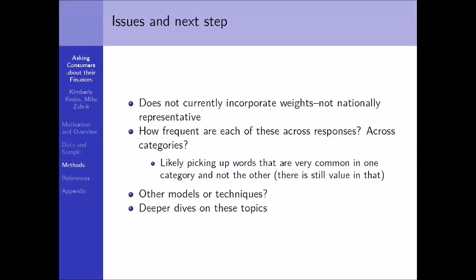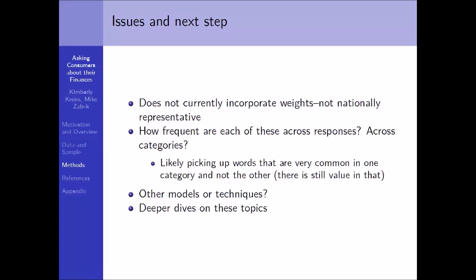Another thing is frequency. How frequent are each of these across responses and across different categories? As explained with the feature importance in the random forest, it's likely picking up words that are really common in one category and maybe not in the other. I still think that's important, but that could lead to some pretty low incidence overall, like disability is only about 2% of the sample.